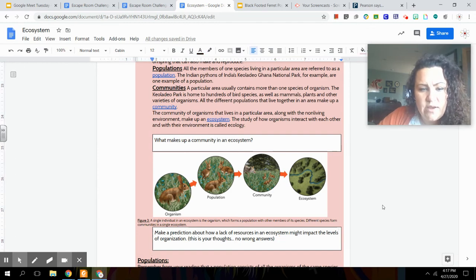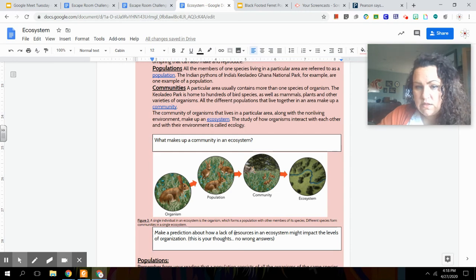It says, make a prediction of how the lack of resources in an ecosystem might impact the levels of organization. This, organism, population, community, ecosystem, are the levels of organization. You'll read through this and you'll get what resources means, but it means things like water or food or shelter.